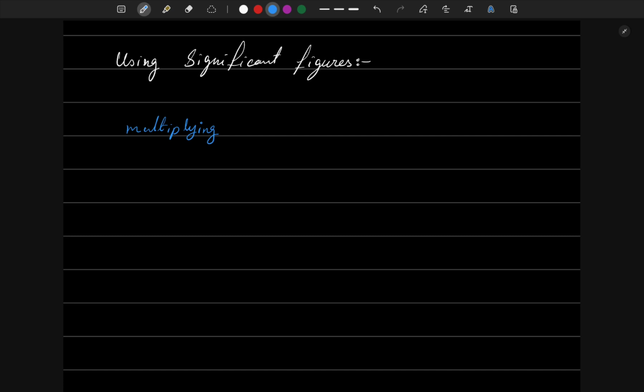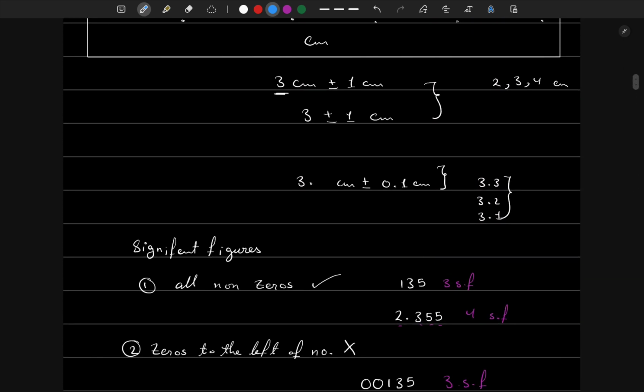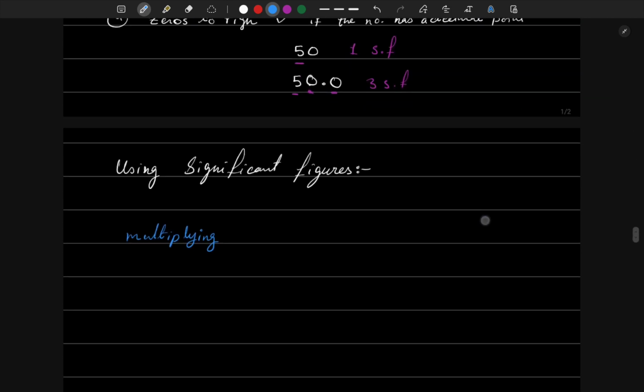I cannot add accuracy. For example, if I am given an accuracy of 3.0 centimeters, I cannot have an answer that has more accuracy than this, or even less accuracy than this. So I try to match the accuracy. How am I going to do so?